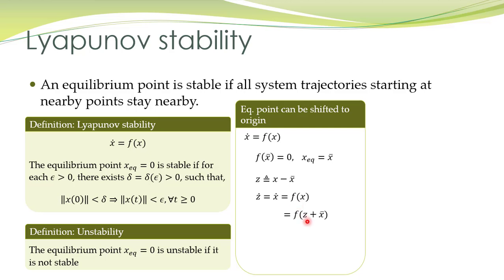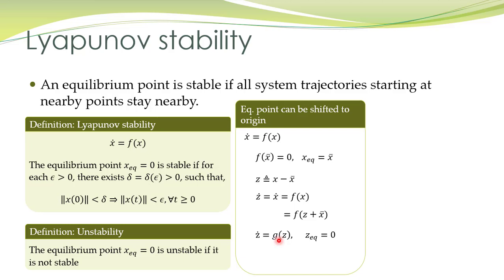And x from this expression is equal to z plus x bar, which is written over here. So this is some function of z, and we can also write this function as g of z. The same system represented in new state variables by using this state transformation is given over here, and we can verify that this new system has the same equilibrium point transformed to the origin.